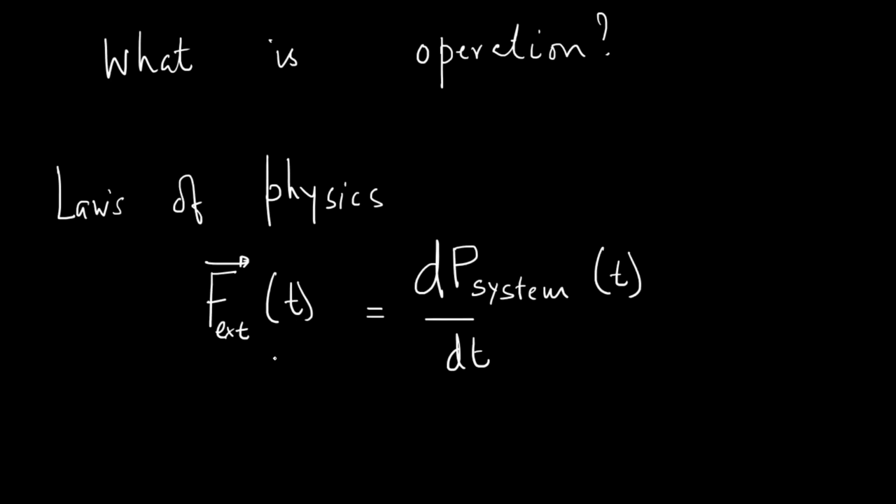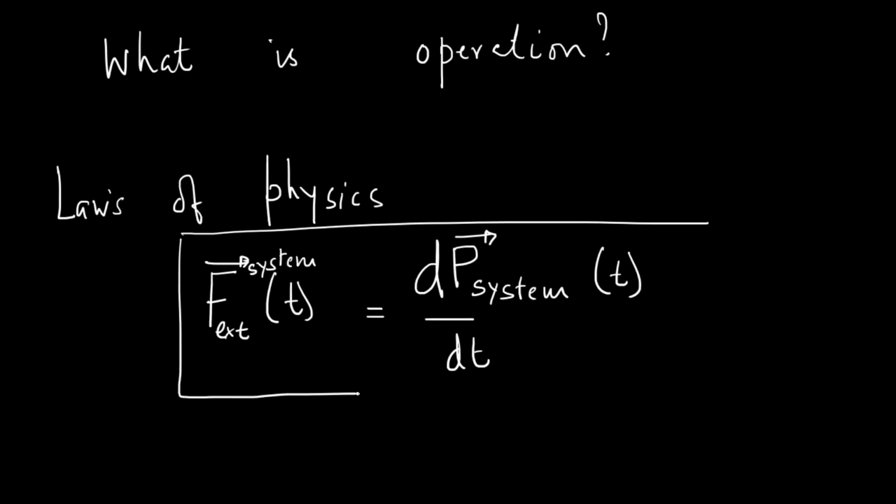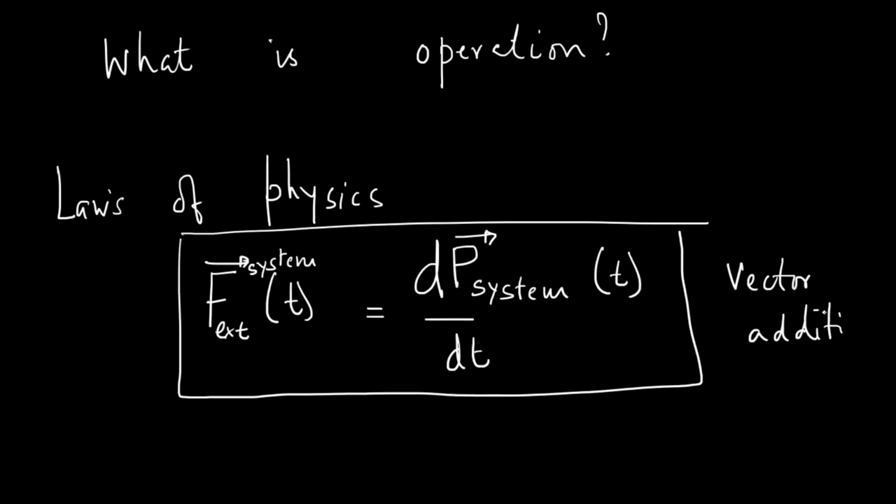The key part is that there are vectors on both sides, and we've managed to exploit this law so far with vector addition, and also the vector dot product when we use the conservation of energy.